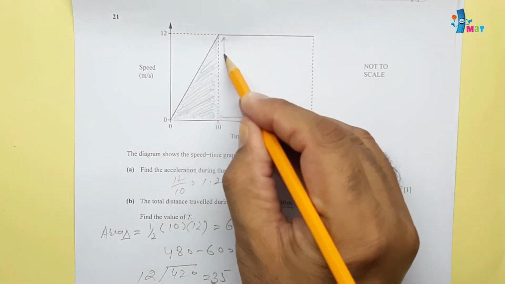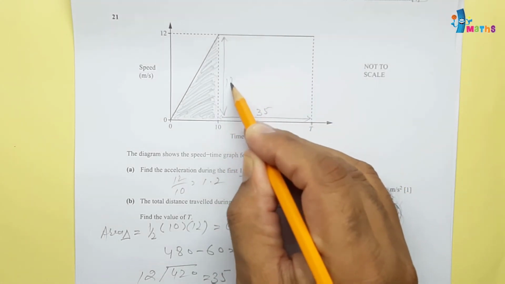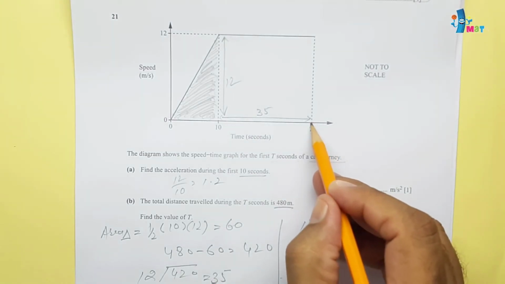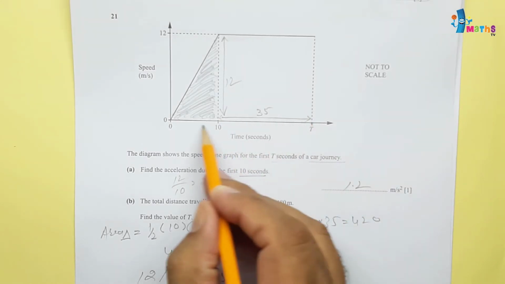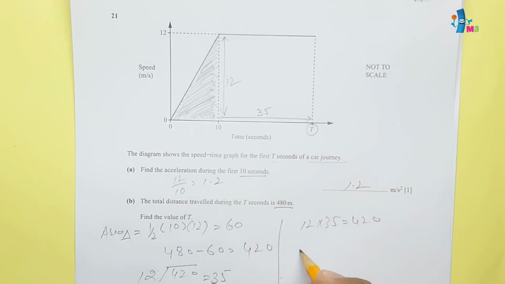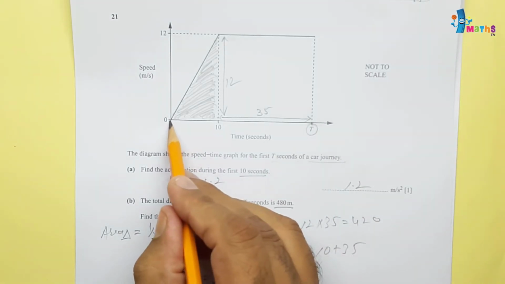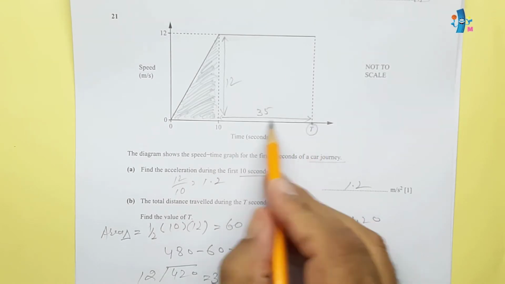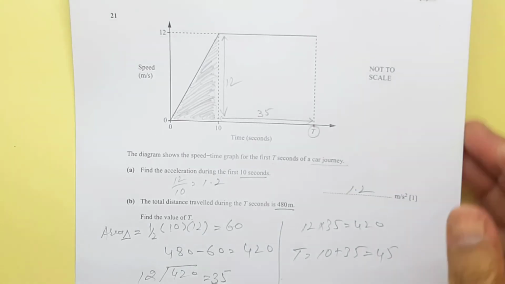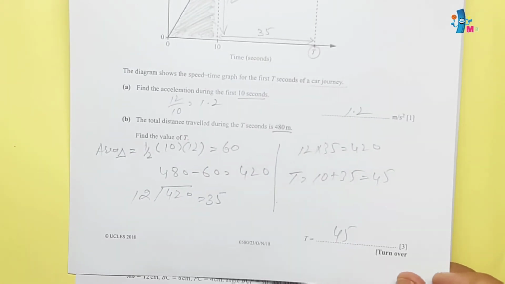Now this is 35, so we will add this because we need this t location. t will be equal to 10 plus 35. 10 is this one and 35 is this one. So the total will be 45. Our answer will be 45, and we write here t is equal to 45.